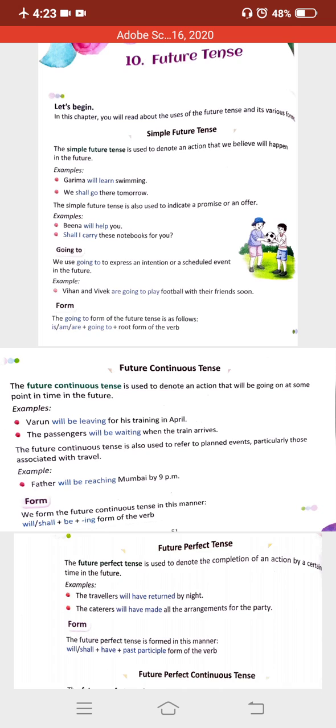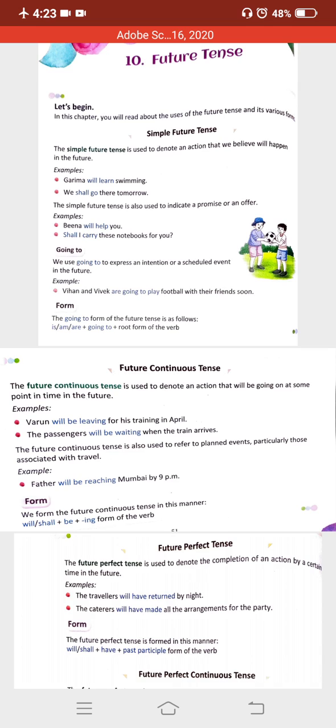For example, I believe that I want to participate in a program event, and I want to go somewhere. So this is just a belief, a faith that something will happen in the future.